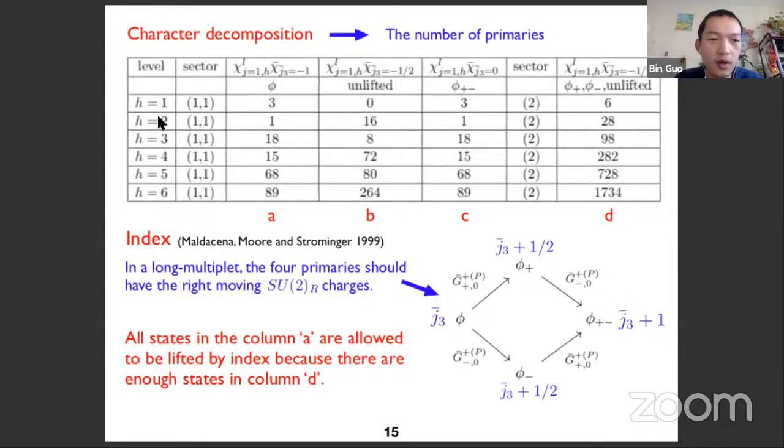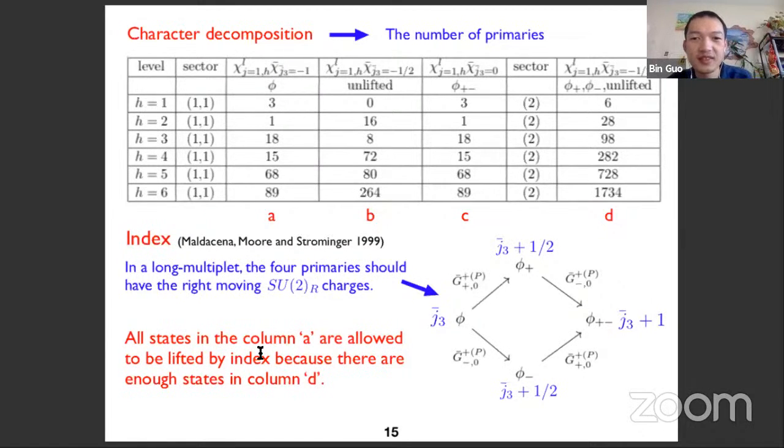And for level 2, we have only 1 in column A, so we need 2 in column D. In column D, there are 26 unlifted; 2 can be lifted. Okay. So as you can see, we have enough states in column D, so all states in the column A are allowed to be lifted by the index.